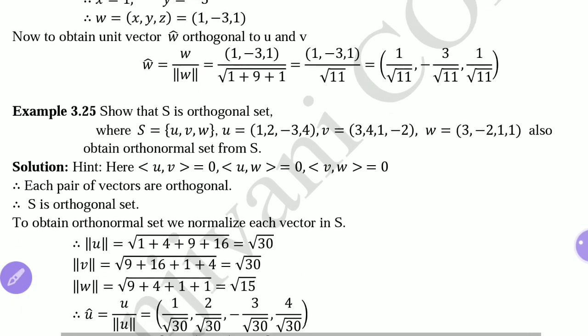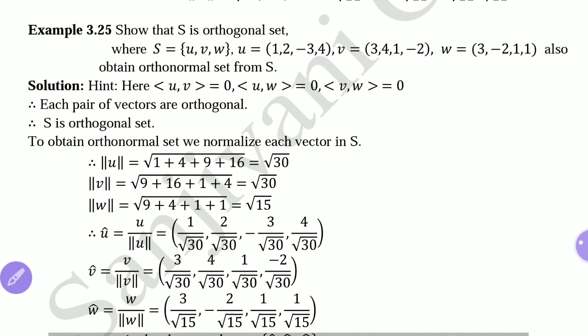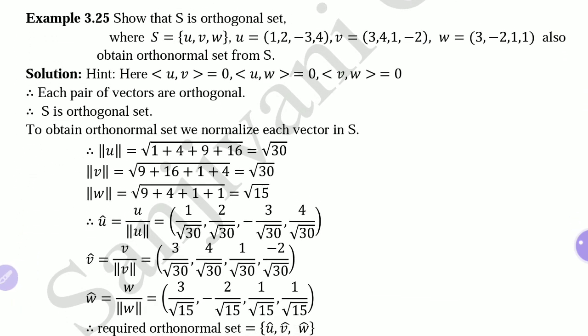Another problem: show that the set of vectors is an orthogonal set. Whenever you want to show that a set of vectors is orthogonal, you need to show that every pair of vectors is orthogonal. Here we have three vectors in this set, u, v and w.